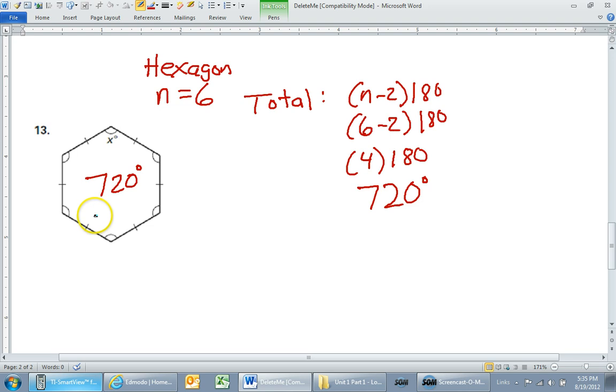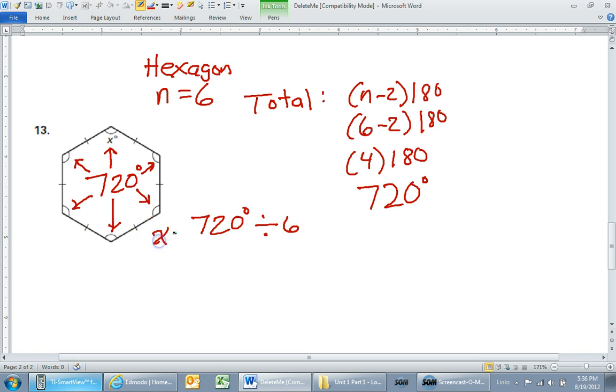But in this case, we don't have to subtract over and over again, because all of these angles are the same. So all we need to do is share this 720 degrees equally with the 6 angles. How do you think I'm going to do that? That's right. I'm going to take 720 degrees and divide that by 6, because that's how you would share it equally 6 ways.